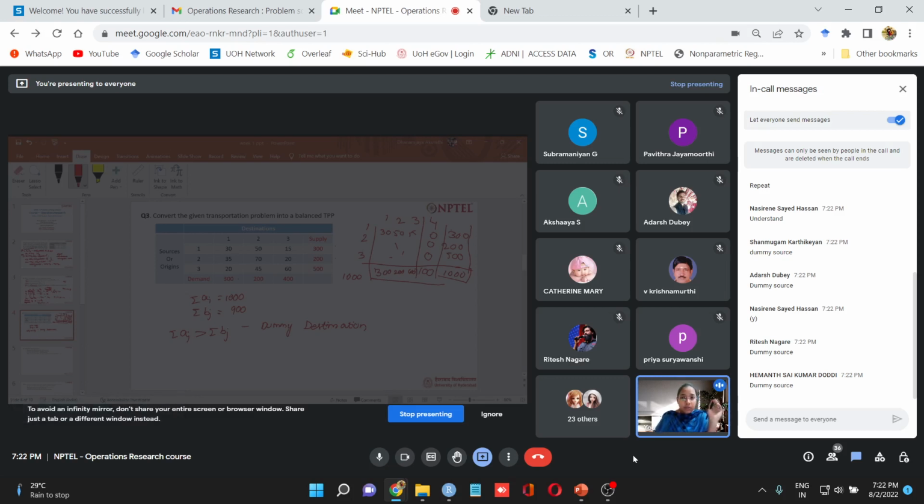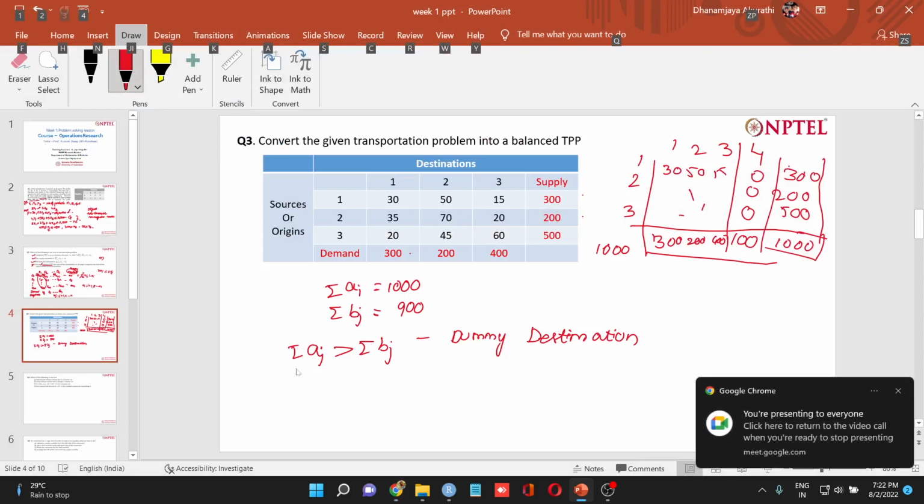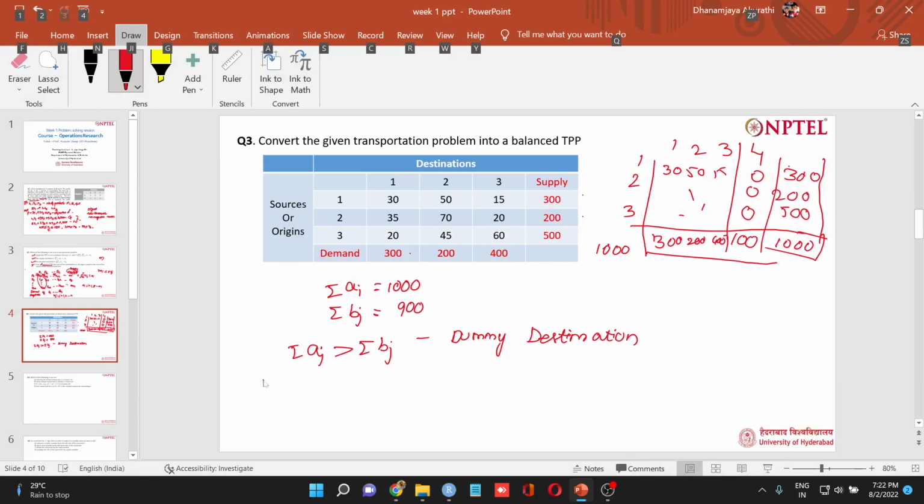But up to here we just need to know what a transportation problem is and what a balanced transportation problem is, just the definition. Okay, it's a dummy source. If the overall demand is more, then we need to add a dummy source to balance the transportation problem.